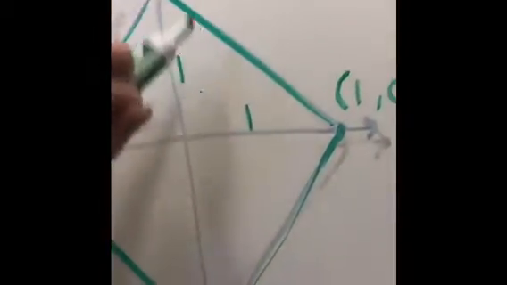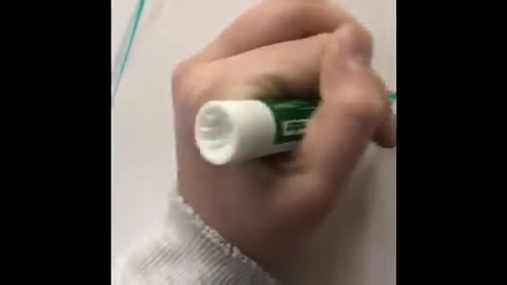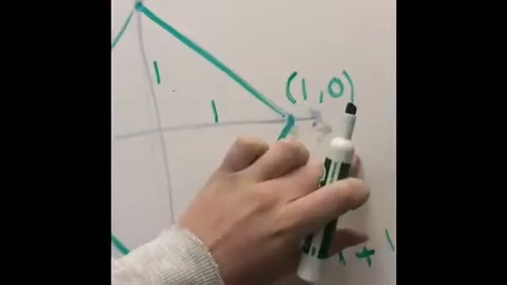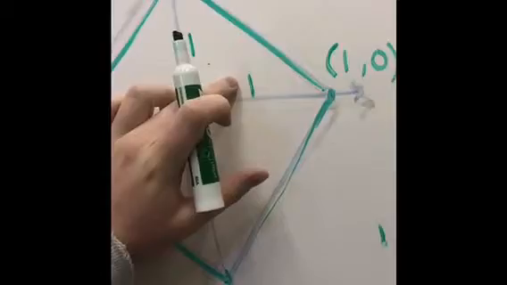And this is the same distance away from each part, down 1 and over 1. So we can go ahead and do 1 plus 1 equaling 2. So we now know that the distance from (0, 1) to (1, 0) is 2, and we got that by adding this here.